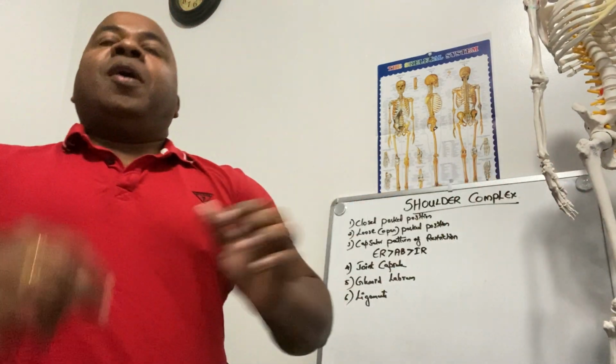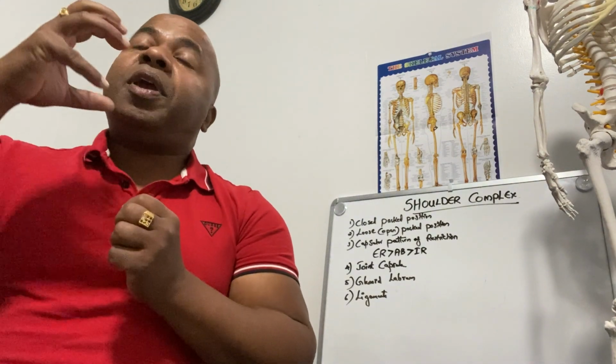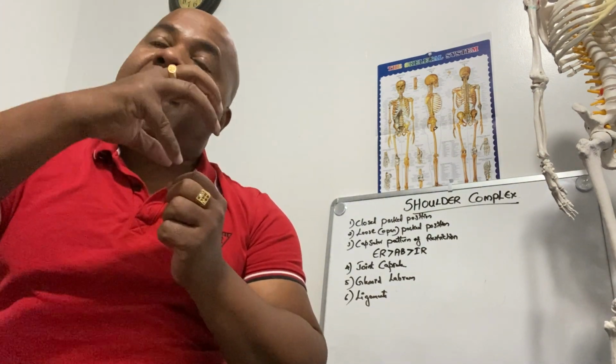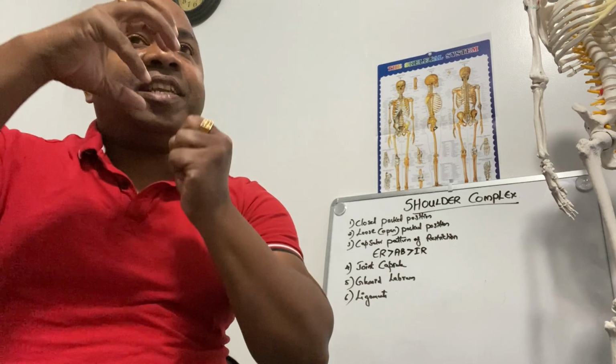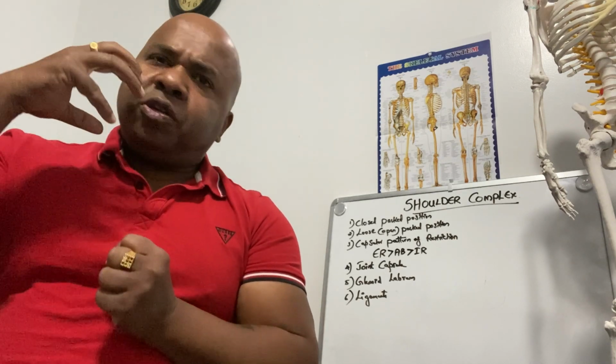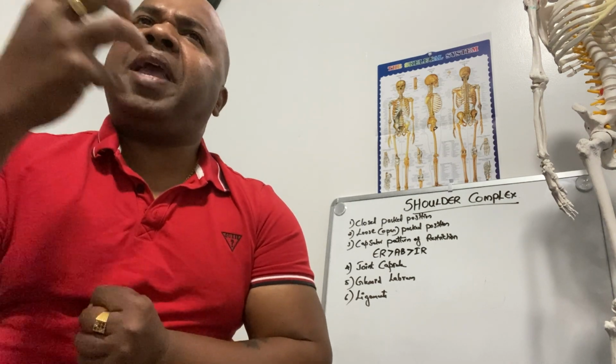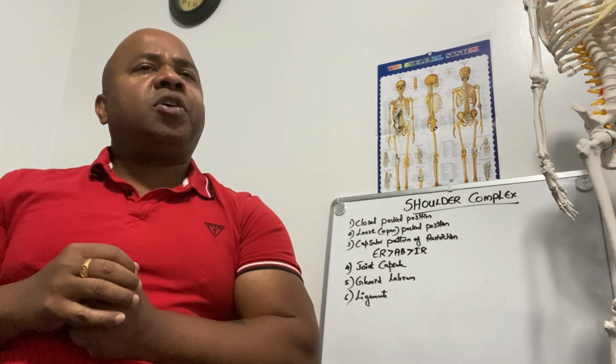Okay. And during the close packed position, this joint capsule is in the tight position. Usually in the shoulder joint, laxity is one of the main characteristic features of the capsule.